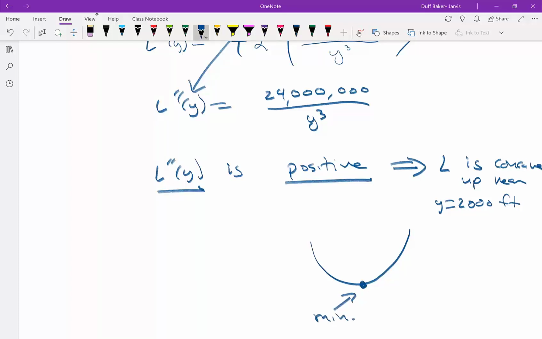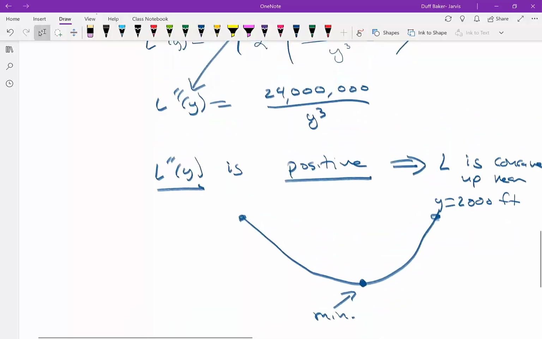So this is a technique that works. It's a local min, but because there was only one critical point, our endpoints are over here and over here somewhere. So the only way this could have happened is if this was actually the absolute min.